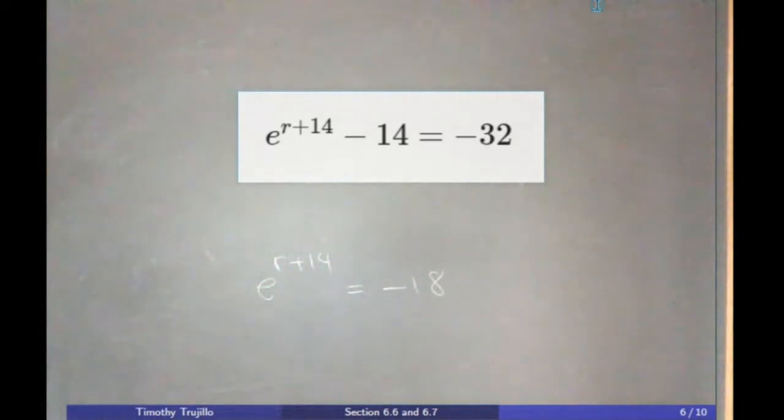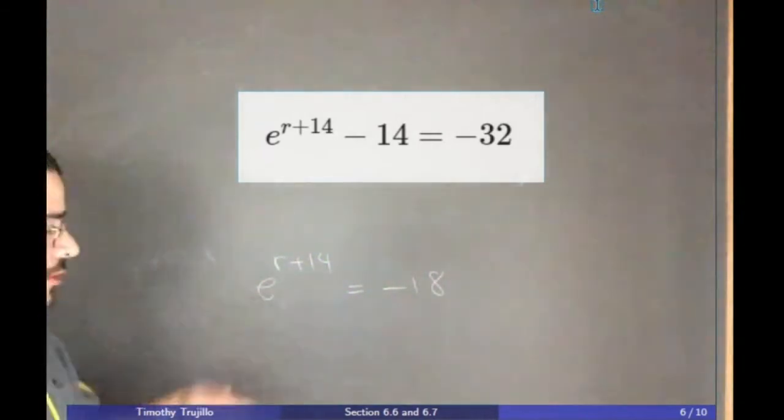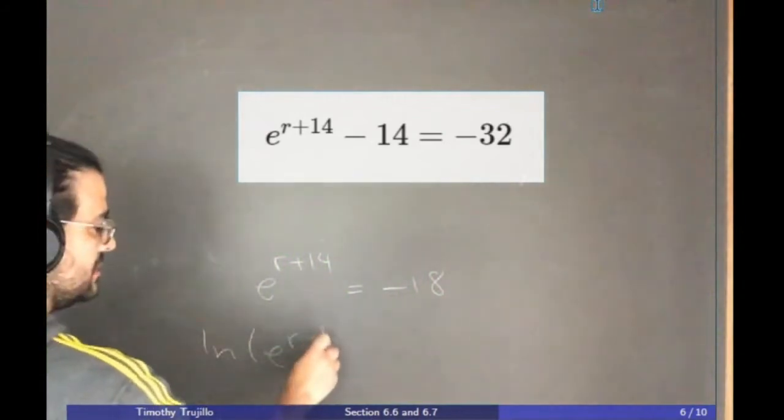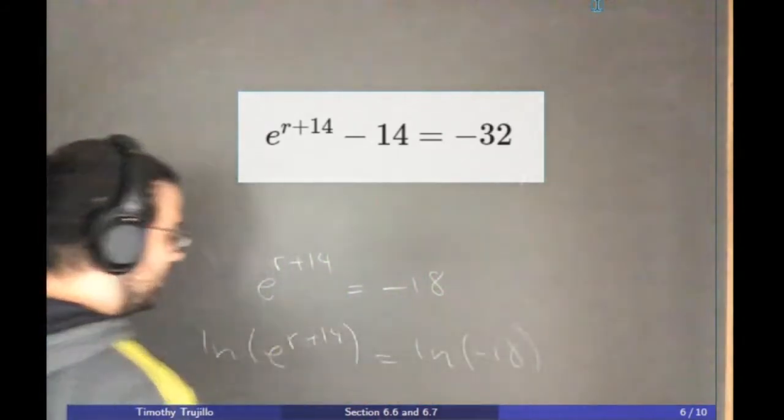And if you already see the problem, you can stop the supporting work here and just say this is not possible. But if you didn't see that, you would want to take the natural log of both sides. So here you would get the natural log of e to the r plus 14, and over here you get the natural log of negative 18.